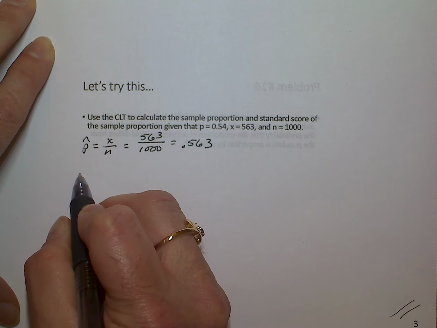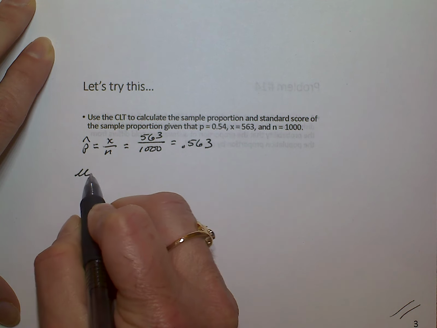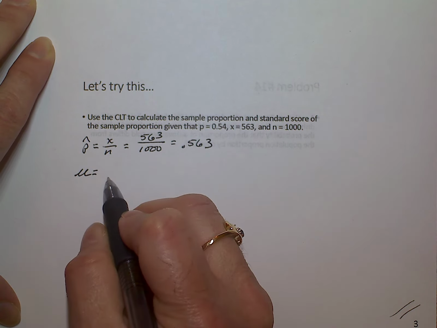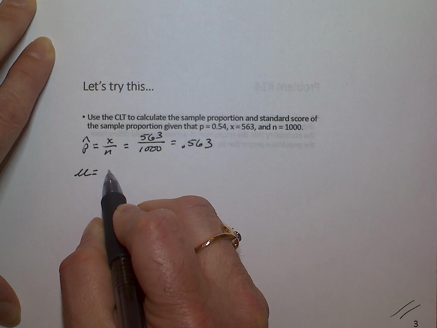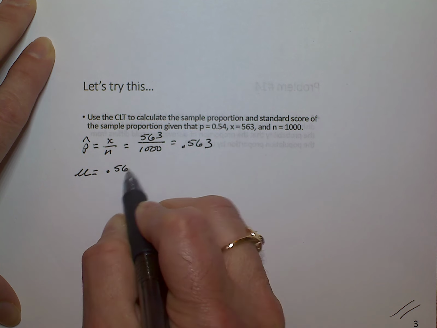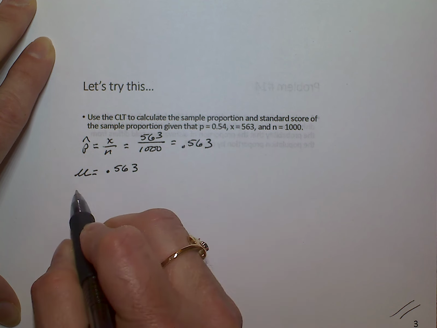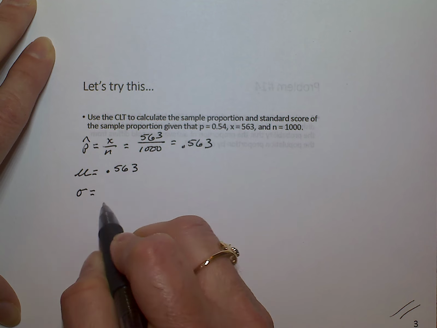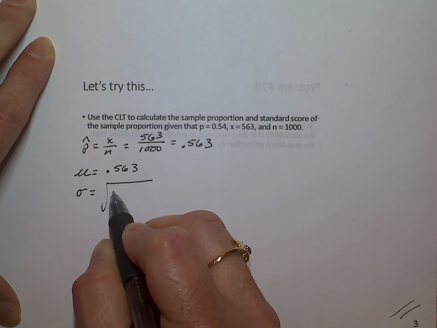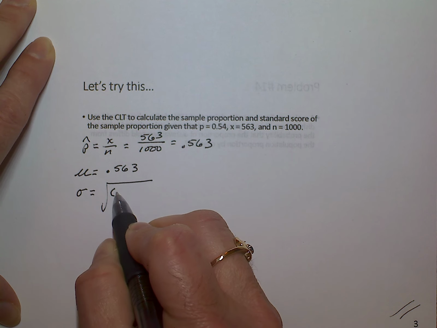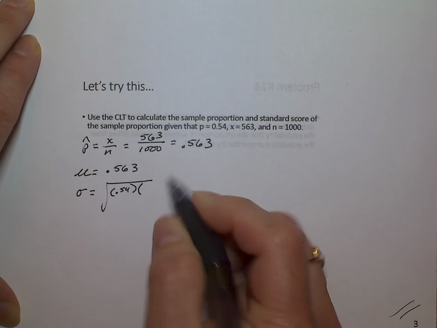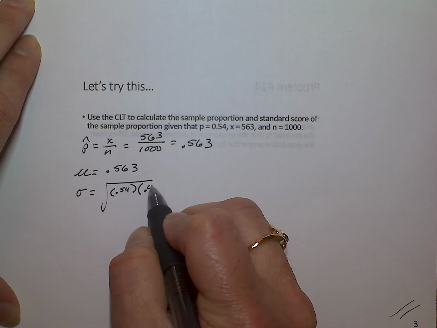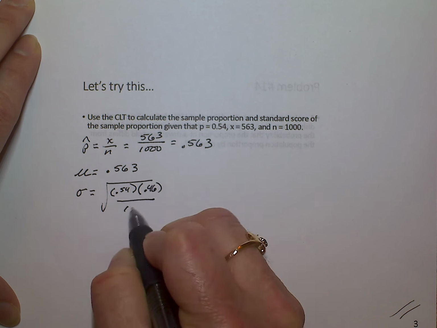To find mu, well, by golly, we just wrote down that mu is going to be the same as the proportion. And sigma is going to be the square root of p, which is 0.54, q, which is 0.46, over n.